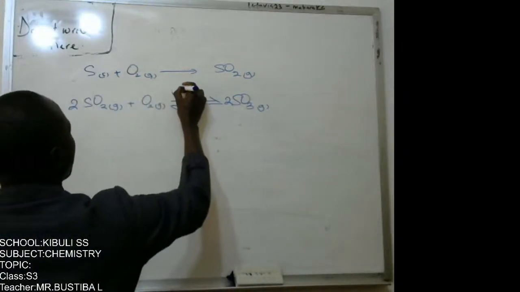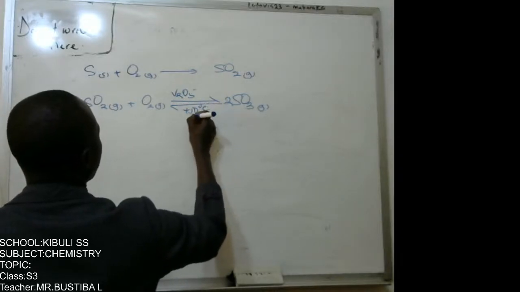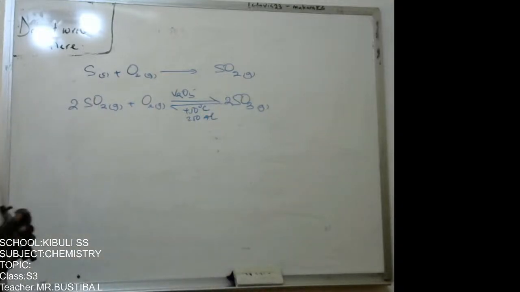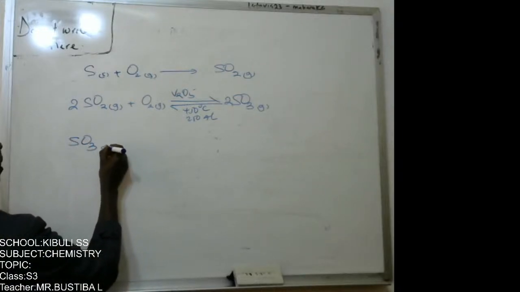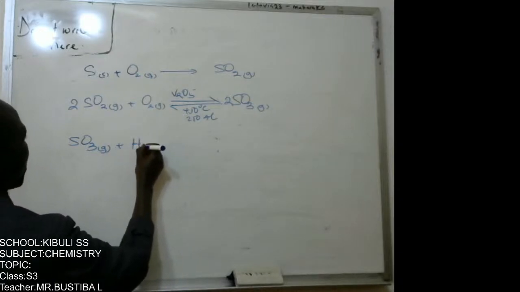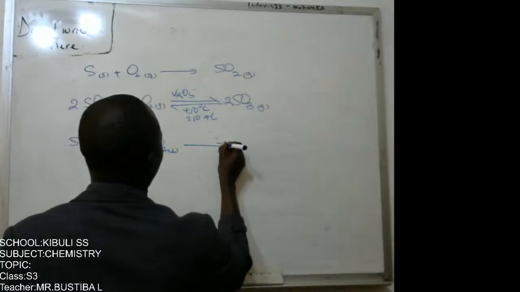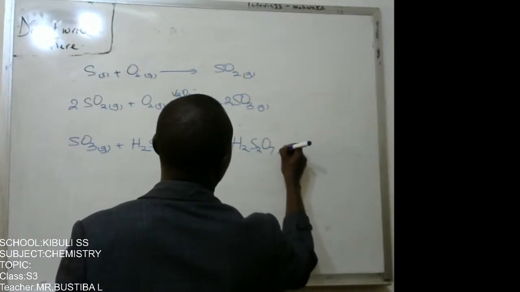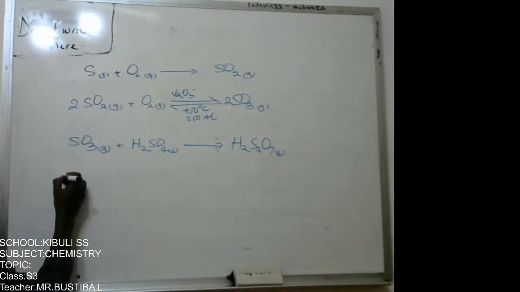So we say this is V2O5, 450 degrees, 250 atmospheres. So what will follow next here? The sulfur trioxide gas plus H2SO4 liquid. What do we obtain? H2S2O7 liquid. Without mentioning anything, what follows next?